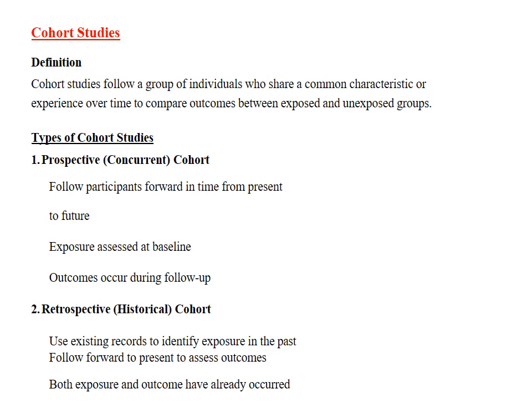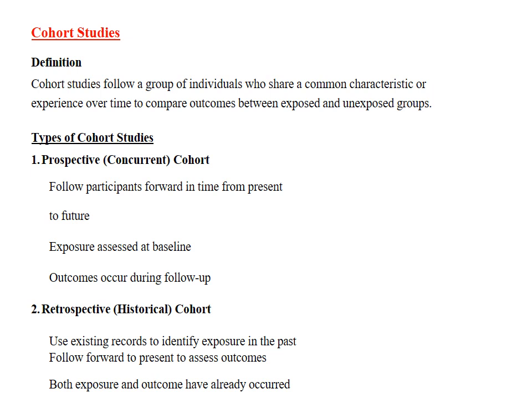Prospective cohort: follow participants forward in time from present to future. Exposure is assessed at baseline, outcomes occur during follow-up. Retrospective cohort, this is historical: use existing records to identify exposure in the past, follow forward to present to assess outcomes. Both exposure and outcome have already occurred.